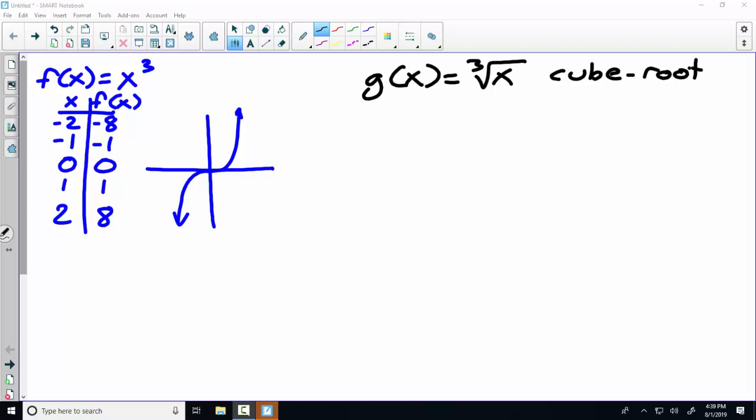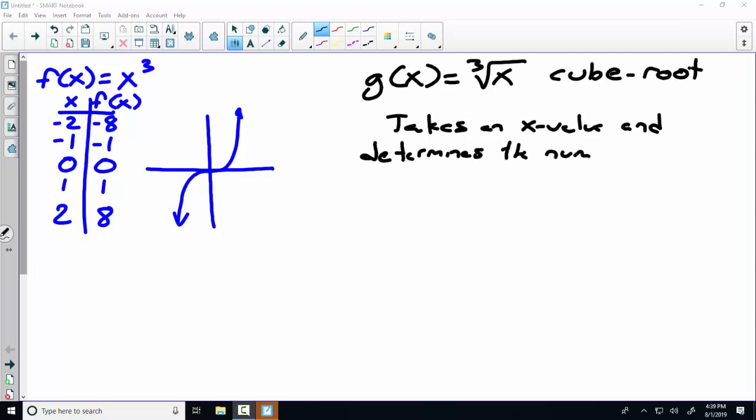The cube root function actually does the opposite of what x cubed does. It takes an x value and determines the number you cubed to get that value.